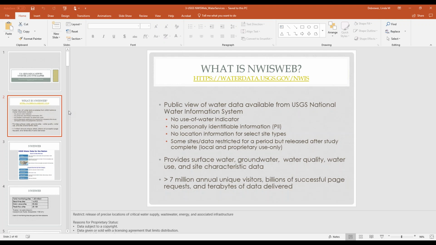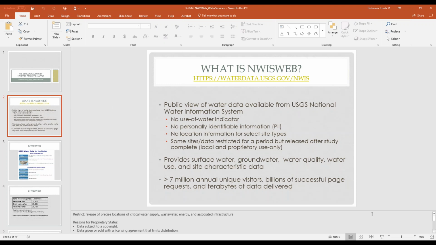That can be a problem depending on your study. If you look at the USGS wells scattered across the nation, you may need to pinpoint specific types of wells, and we don't give you all of that type of information. You may have to contact the local office to get it. We also don't share, like I said earlier, public personal information, and we restrict the actual location information, the latitude and longitude, for certain site types.